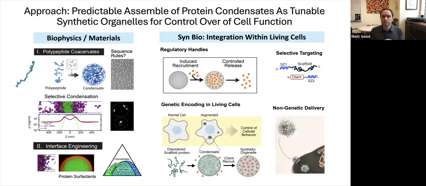I'll go into this in a little bit more detail, but essentially, we can genetically deliver a protein of interest, in this case a disordered protein scaffold, CRISPR tag clients, and then use this to selectively compartmentalize them. And on the lower right, the last new study from the lab, which is a preprint, is how to do this non-genetically. So can we actually build these compartments first and then deliver them to cells?